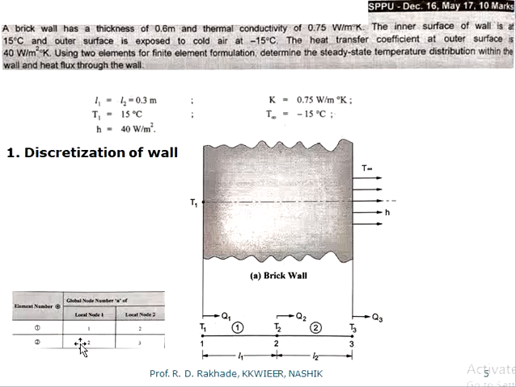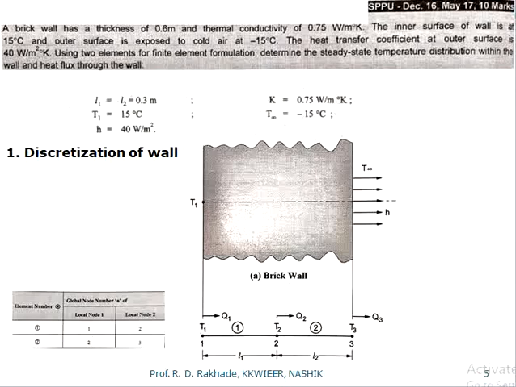So this is element connectivity: element 1, nodes 1 and 2; element 2, nodes 2 and 3. So node 2 is shared by element 1 as well as element 2. Q1 is heat flux on node 1, Q2 heat flux on node 2, Q3 heat flux on node 3. L1, small l, is the length of element 1, and L2 the length of element 2.